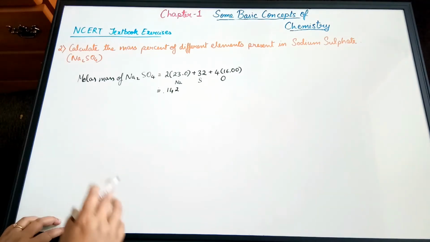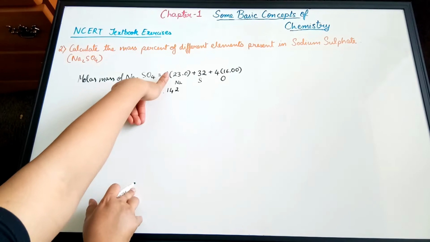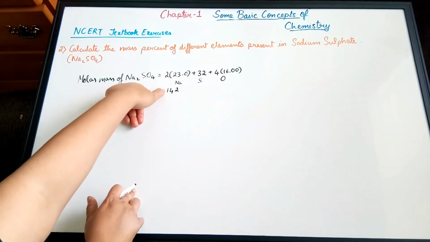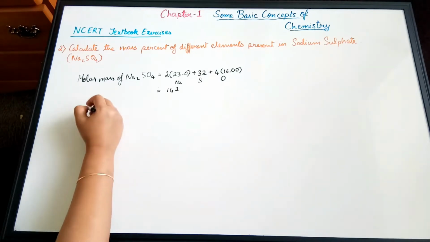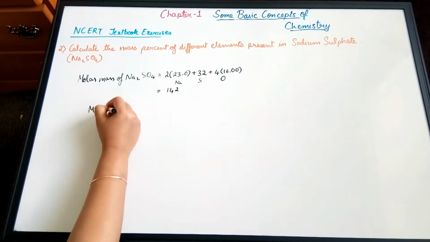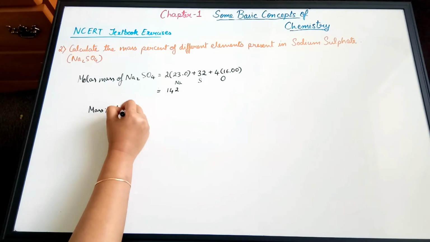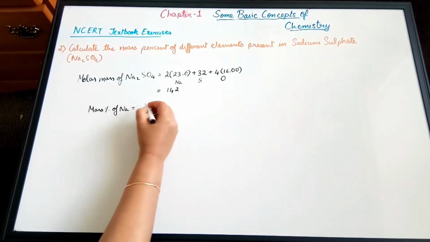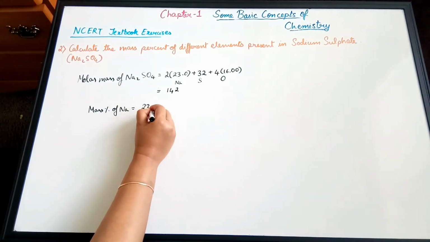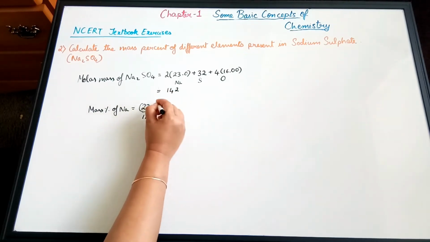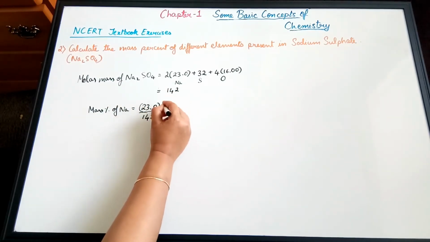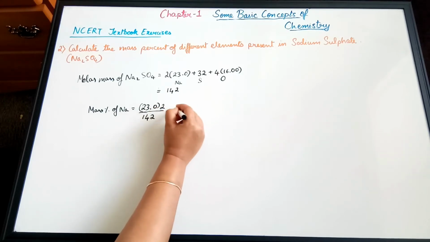Now to calculate the mass percentage, all we have to do is divide the individual mass by the molar mass and multiply this value into 100. So mass percentage of sodium will be equal to 23.0 divided by 142, and because there are two sodium atoms in one molecule, this will be multiplied into 2.